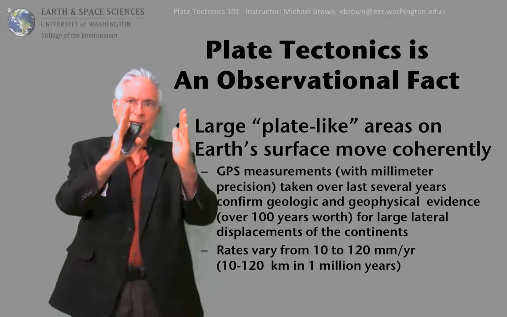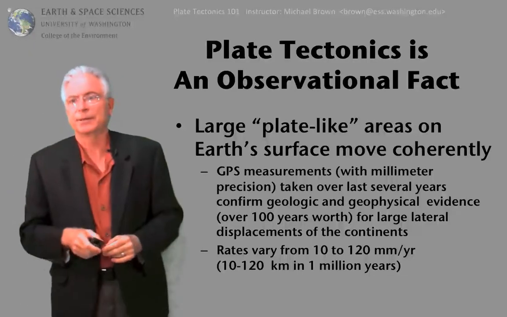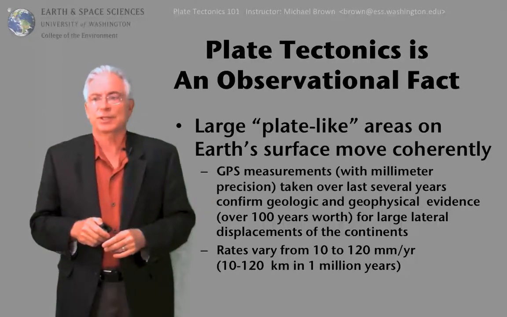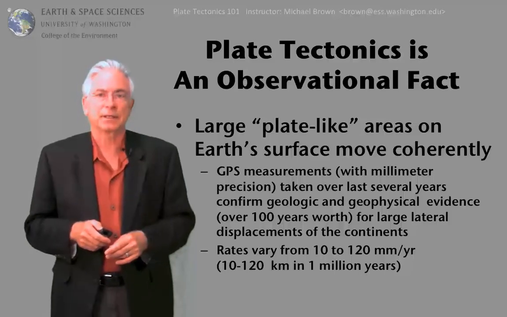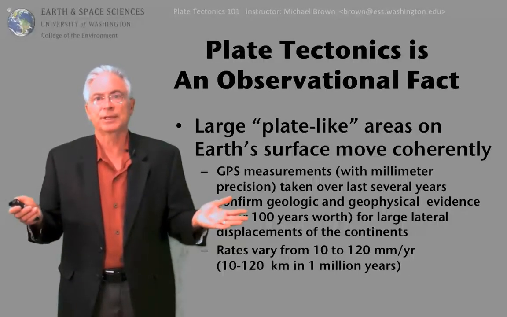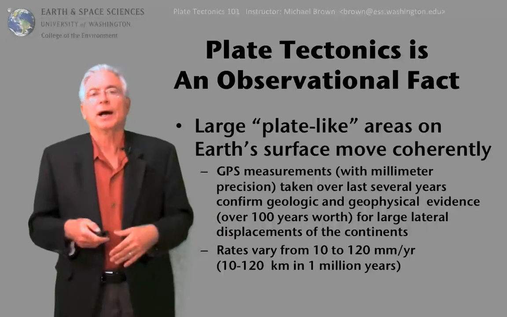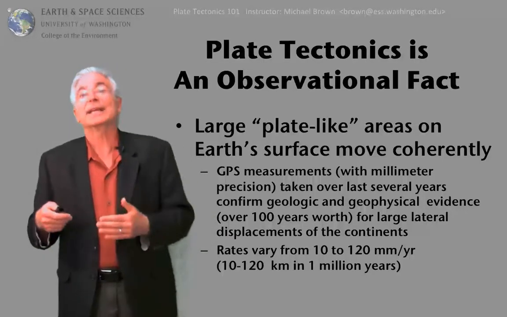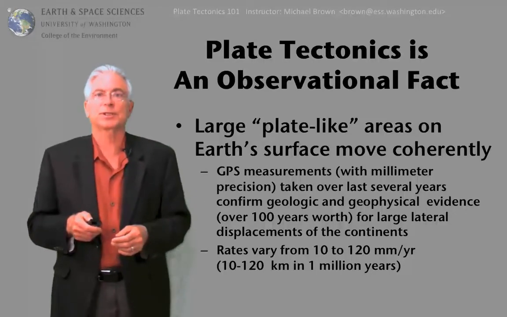So imagine areas on the Earth's surface shifting over 6 inches at a time year by year. Well, 6 inches a year turns out to be about 120 kilometers in a million years. And there are lots of millions of years in Earth history, so plates can transport blocks of land by very large distances across the Earth's surface.